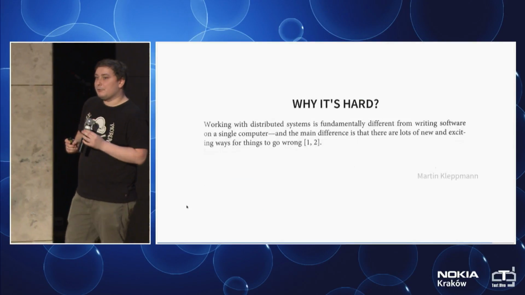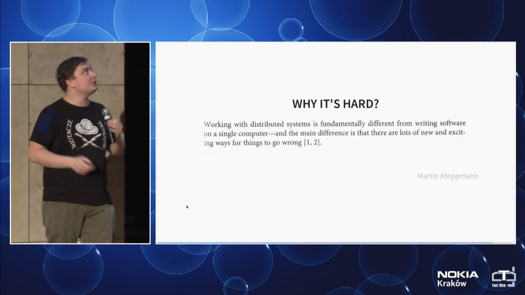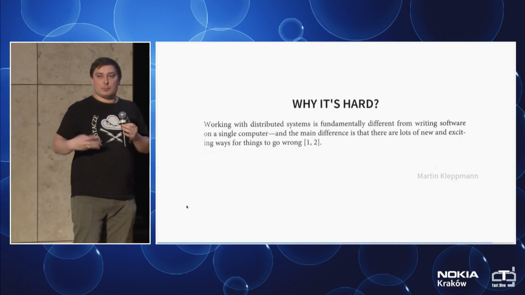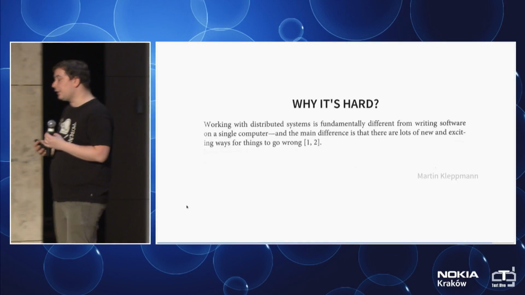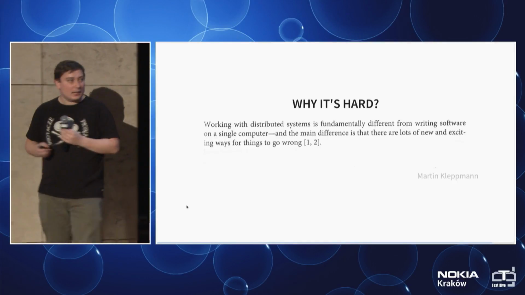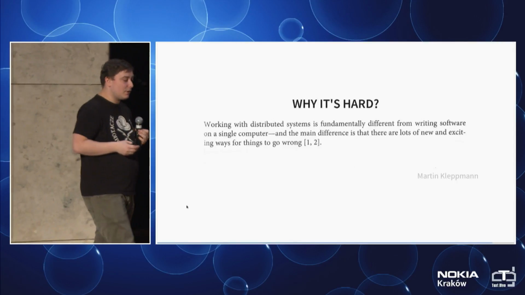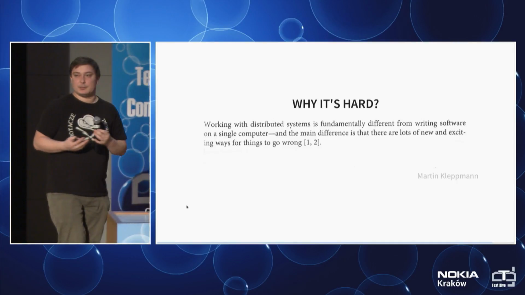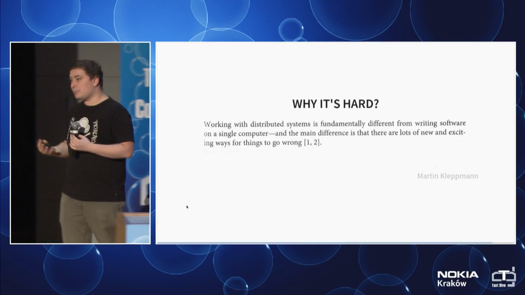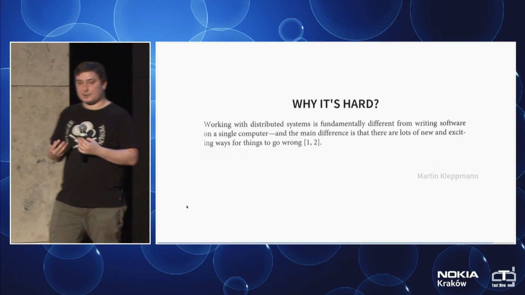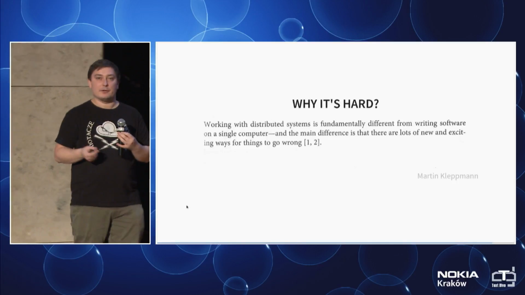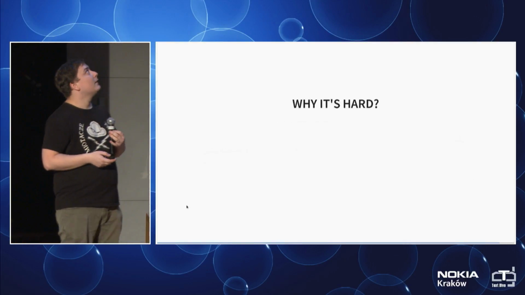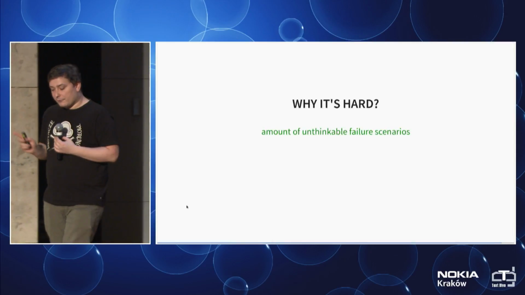Okay, so again, I'm going to repeat this, that we have many more ways for software to fail in a distributed environment when the application is distributed. And this is why it's hard to test it, because we need to think about all of the possible scenarios, all edge cases, and it's unimaginable what can happen in the real world. It's hard because of this.